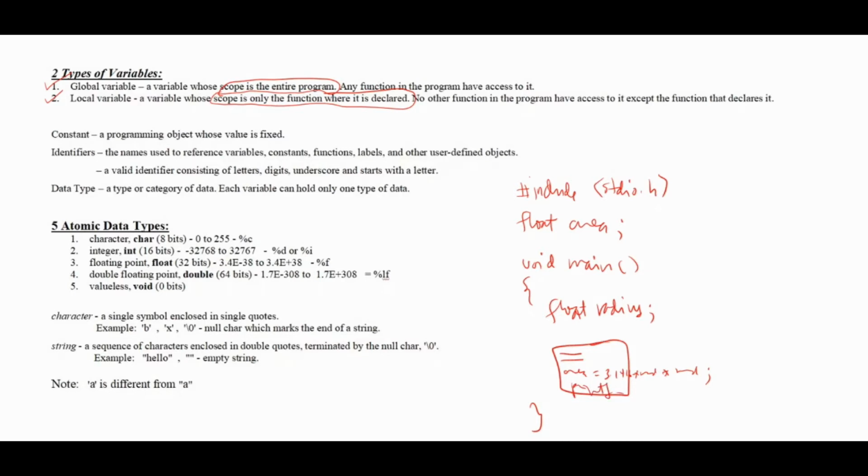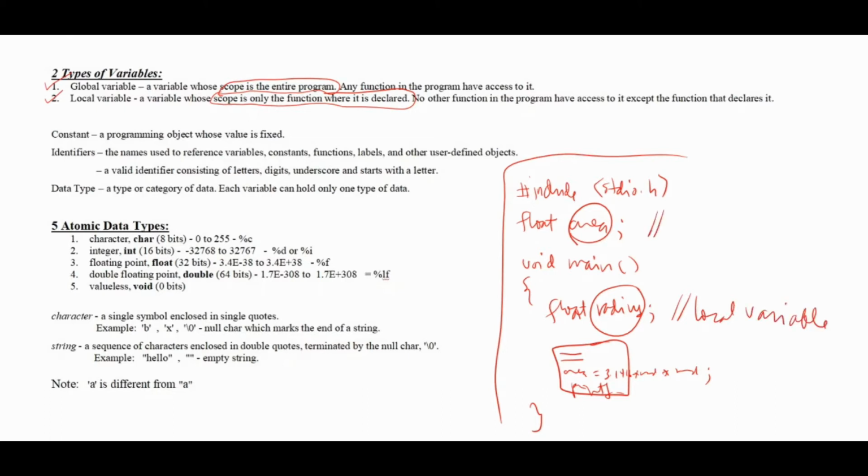Okay, so in this program we have two variables, radius and area. Now radius is a local variable, while area is a global variable. So again, what is this?